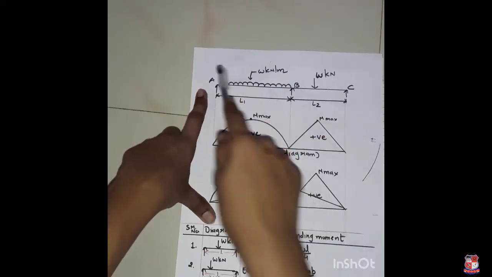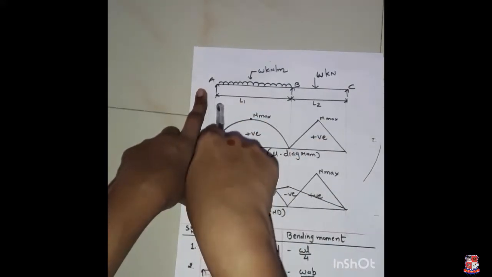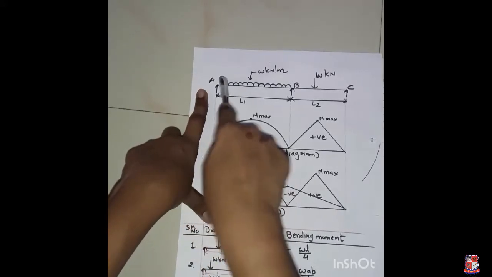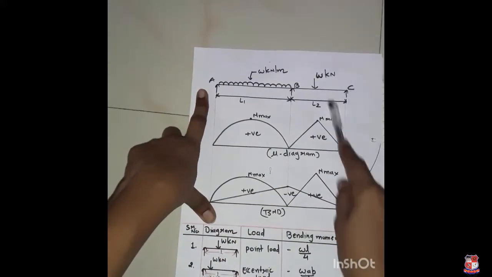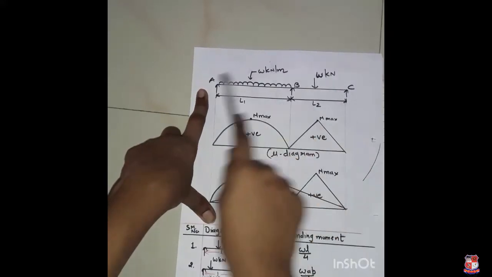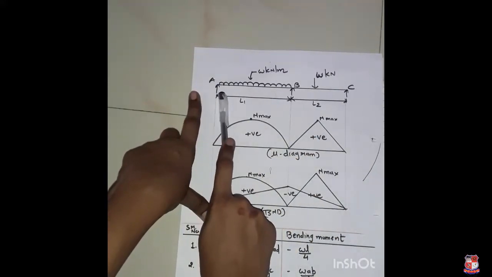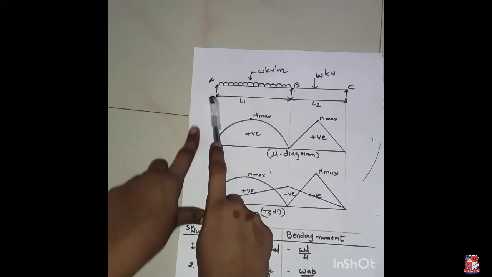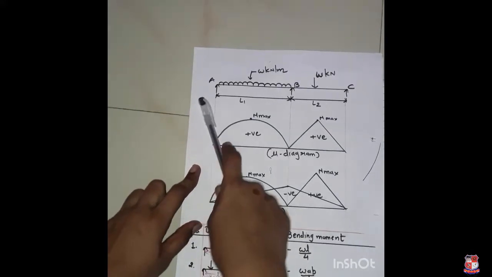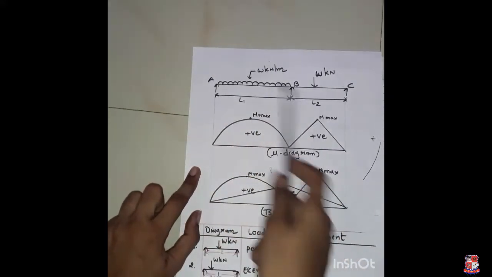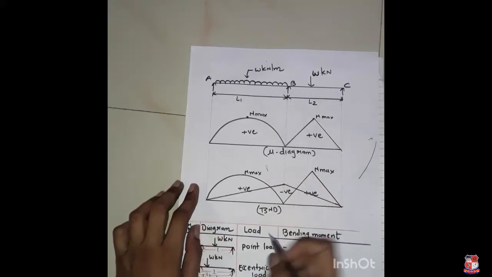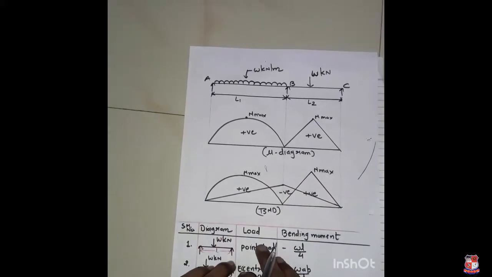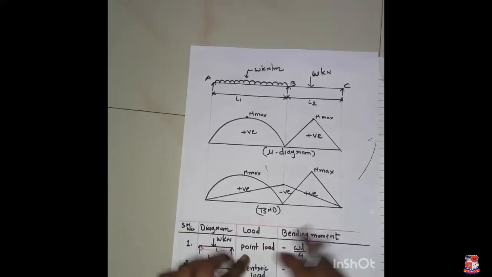Or if a fixed support is given at A and C is a simple support, then moment of C is 0 but moment of A is not equal to 0. You can find it from the equation for moment A. Step number 4 is to calculate using the Clapeyron theorem.